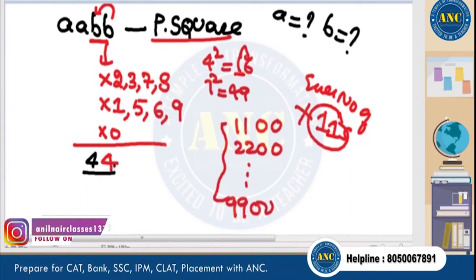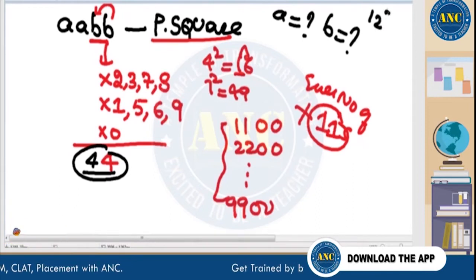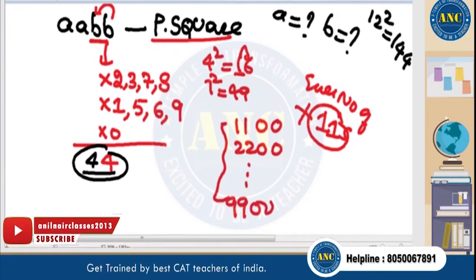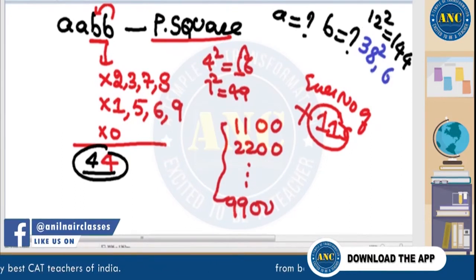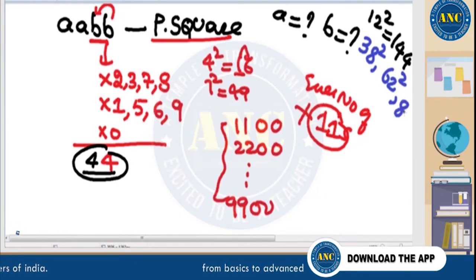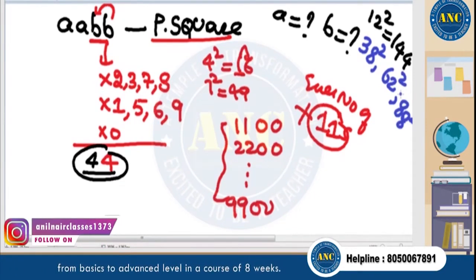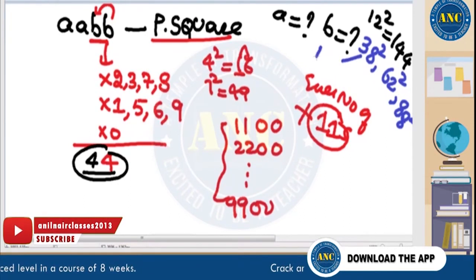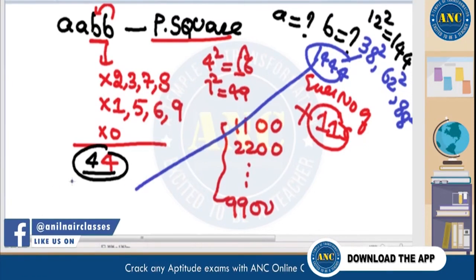That is the reason we discussed this model. It is 44. 44 means 12 square is 144. 50 minus 12, 50 plus 12, 100 minus 12. I don't take any question without giving you the idea how to solve a difficult question. 38 square, which is 1444, has already answered our question.